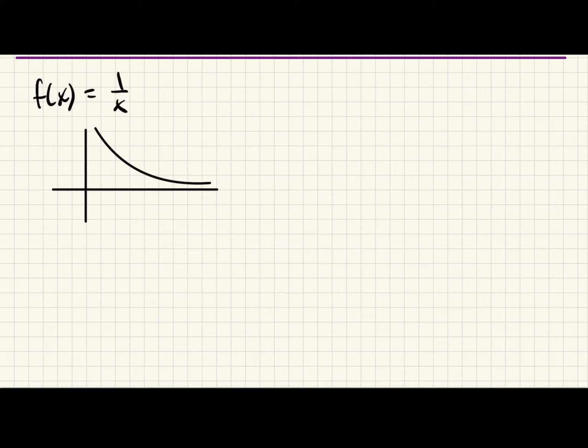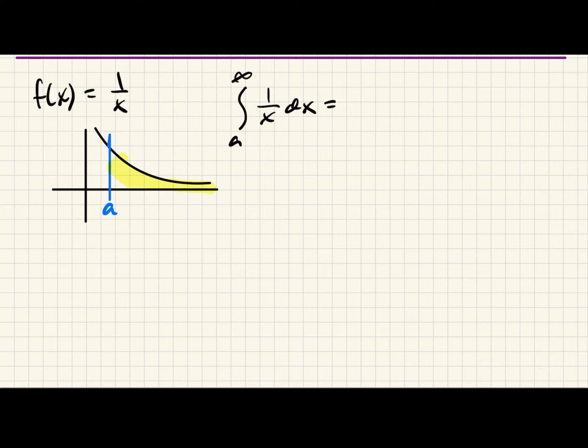Let's start at some value a, and then let's find this area out to infinity. So we're never stopping here. Okay, so we would do that then by finding this integral from a to infinity of 1 over x dx. But that is an improper integral.